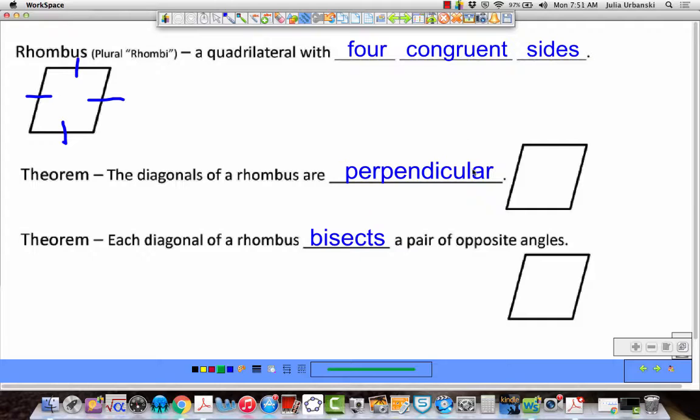The diagonals do not have to be congruent. But in this case, every time you have a rhombus, the diagonals are perpendicular. Write that one down. That one's extremely important. Diagonals form right angles. They're going to give you problems where they don't remind you of that. They just expect you to know that the diagonals are perpendicular. They make right angles.